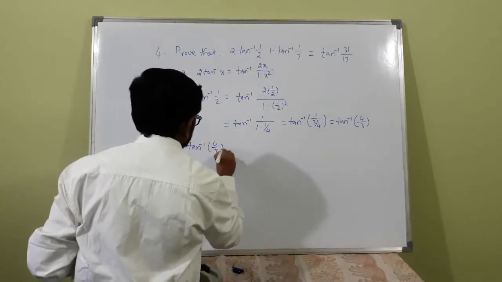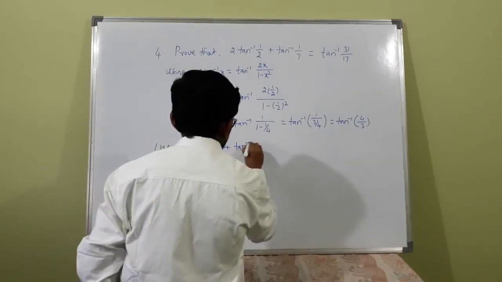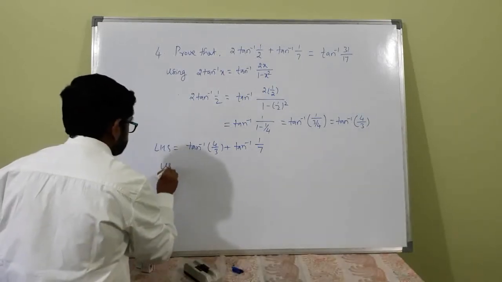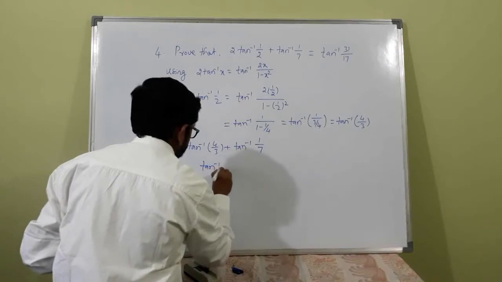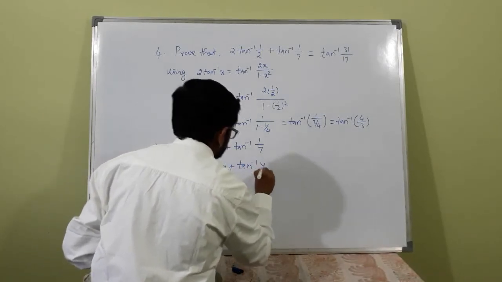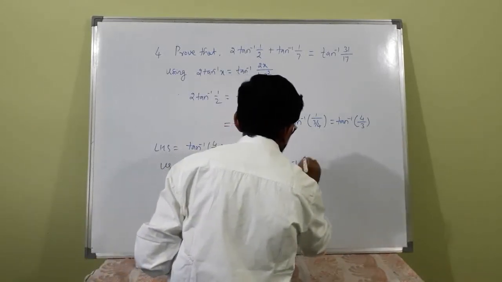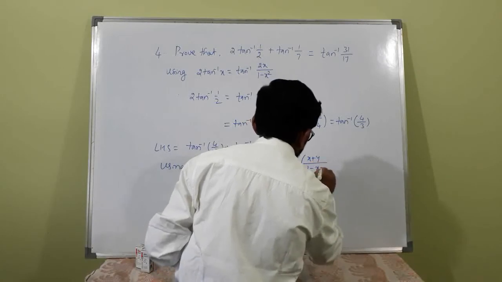4 by 3 plus tan inverse of 1 by 7. Now use tan inverse of x plus tan inverse of y is equal to tan inverse of x plus y divided by 1 minus xy.